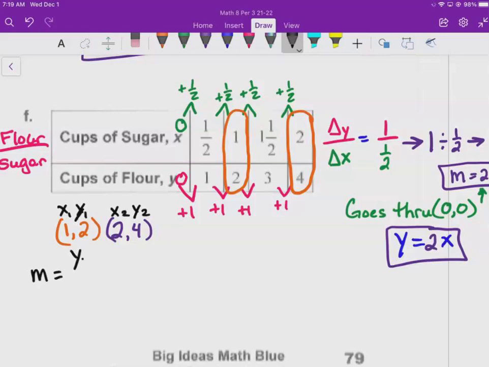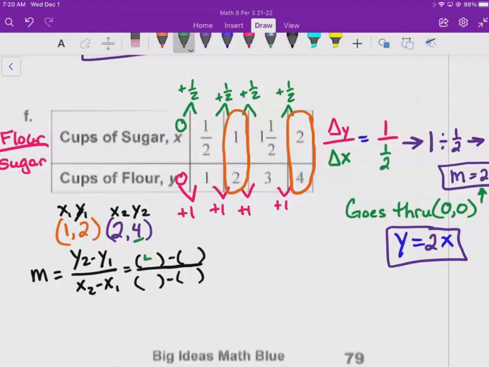M equals y sub 2 minus y sub 1 over x sub 2 minus x sub 1. Y sub 2 is my 4. Y sub 1 is 2. X sub 2 is 2. X sub 1 is 1. 4 minus 2, 2. 2 minus 1, 1.